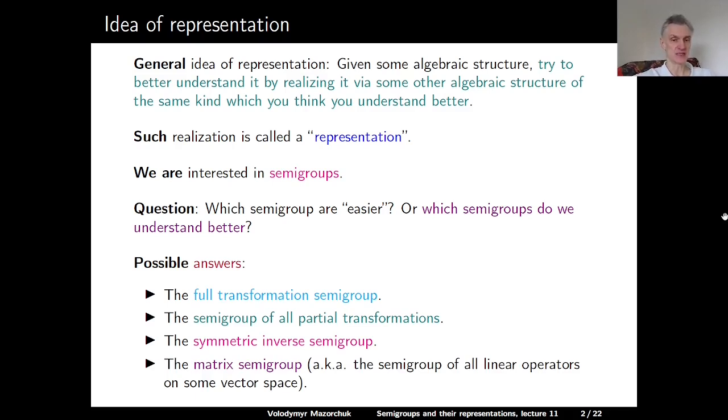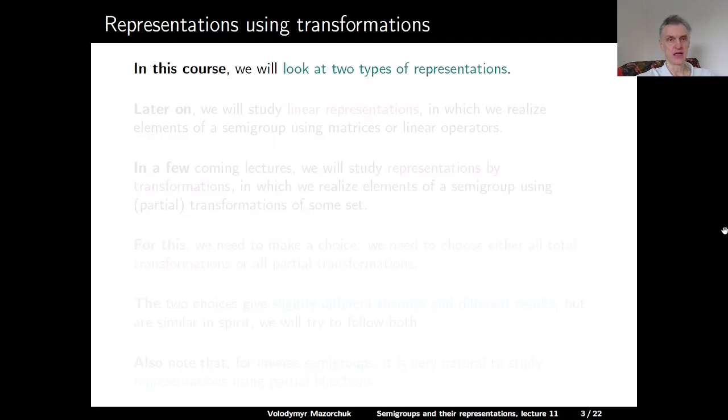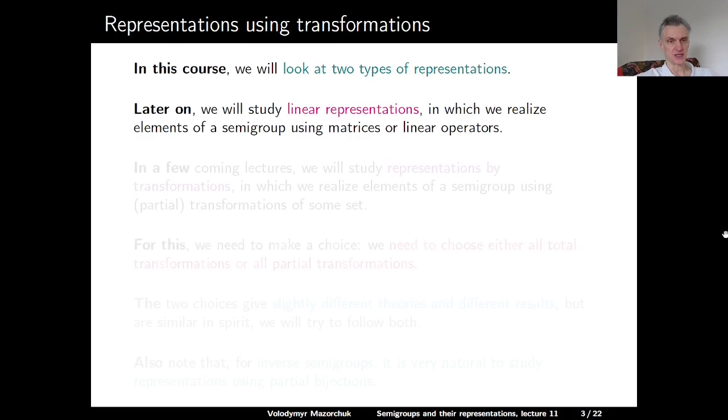So these are some examples of semigroups which we can think of as being easier or more manageable, and we will try to understand other semigroups by realizing them via these semigroups. So these will be our representations. In this course we will look at two types of representations.